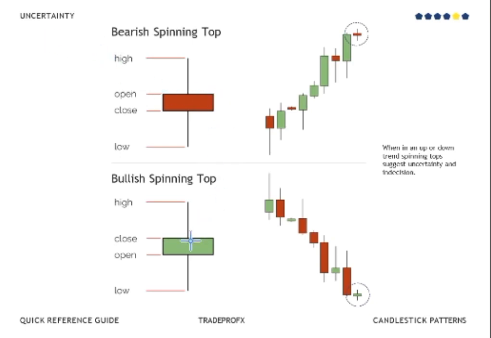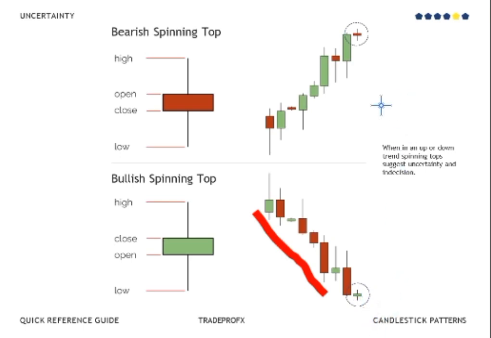Talking of a bearish spinning top, assuming this is a downtrend, and you spot a spinning top, it shows indecision at the bottom of that trend.